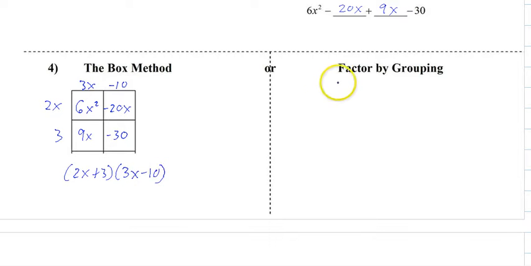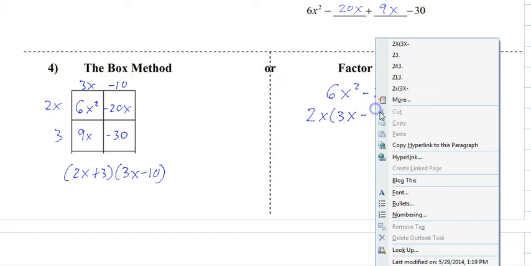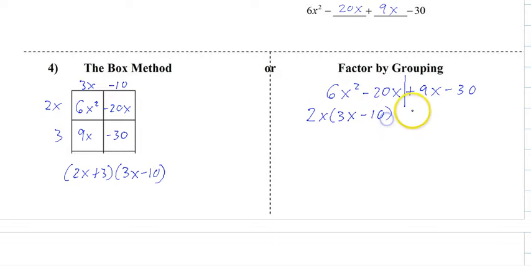Okay. Or you can use factor by grouping. And then we have a 2x, so that's 3x minus 10. And then these have a 3, so it's 3x minus 10, and there it is.